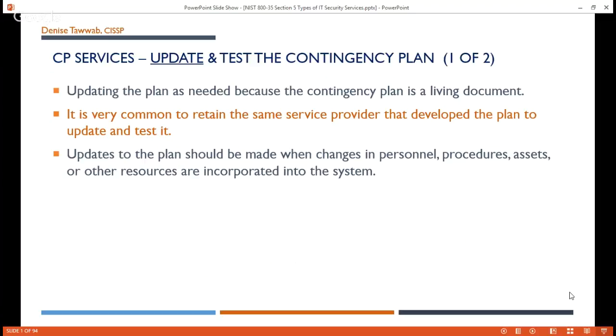Updating the plan as needed is a service, again, because the plan is a living document. It is very common to retain the same service provider that developed the plan to also update and test it. That's common. Updates to the plan should be made when changes in personnel, procedures, assets, or other resources are incorporated into the system.